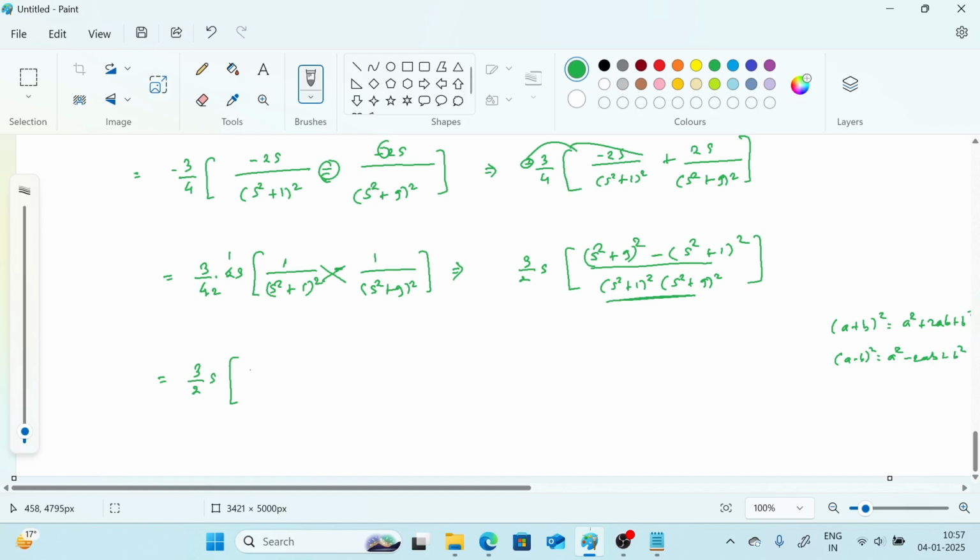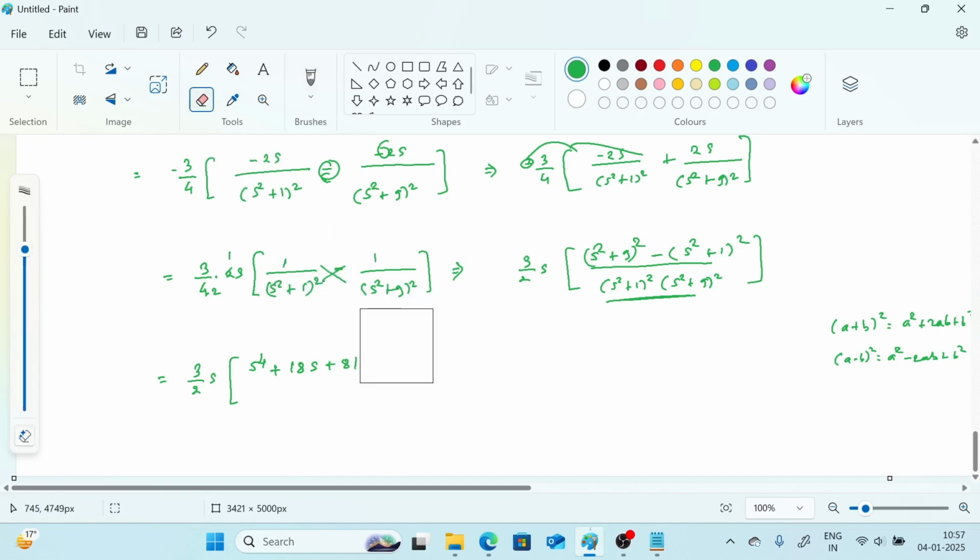So s square, s raised to 4 plus s square into 9 into 2, 18s square, plus 81, minus s raised to 4, minus becomes plus.